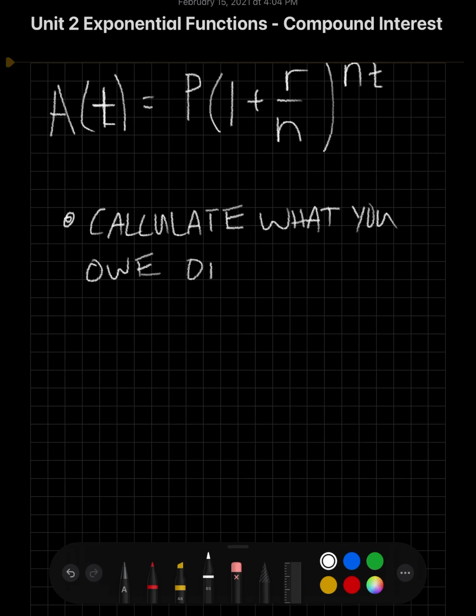If you have a loan for a car, a house, or student debt, they're calculating your interest, which is the amount you owe on top of what you borrowed.